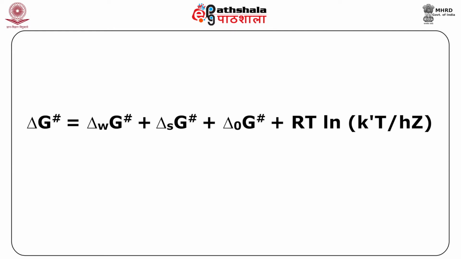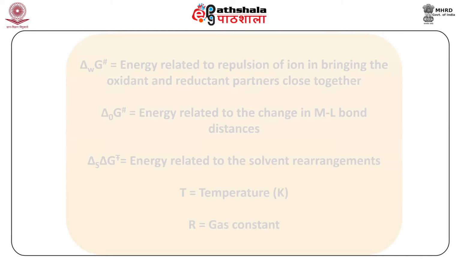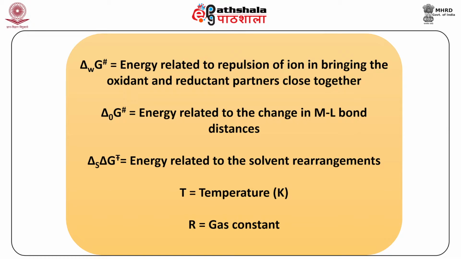Delta G‡, that is the free energy of activation, is equal to delta Wg plus delta Sg plus delta Og plus RT ln(kT/hZ). Now delta Wg is the energy related to repulsion of ions in bringing the oxidant and the reductant partners close together.